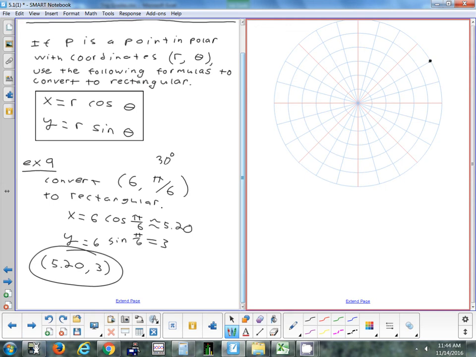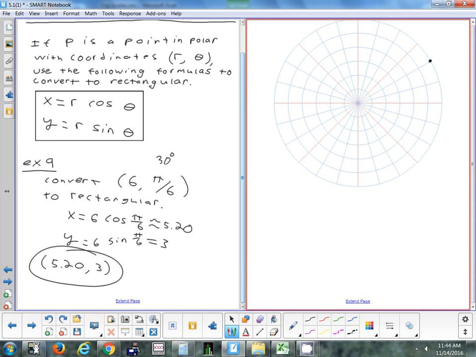And now, if I take a rectangular grid and drop it right on top of this one, as long as the rectangular grid spacing is exactly the same as my ring spacing, that point should land exactly at 5.2, 3. So I just have to drop the right size grid on top of that, which hopefully I can find.